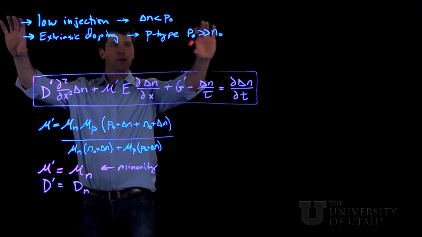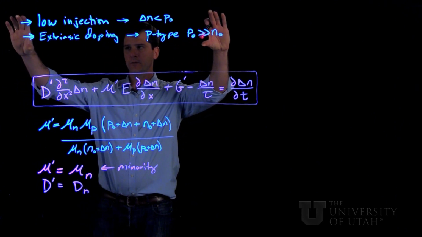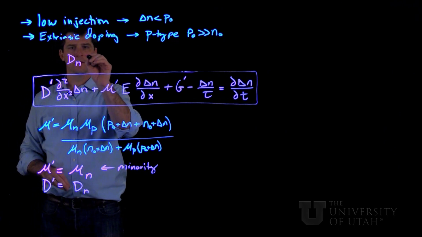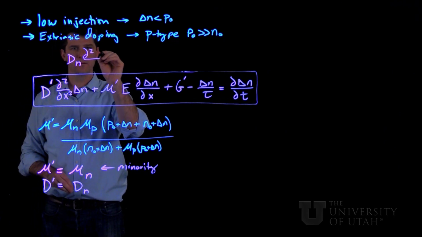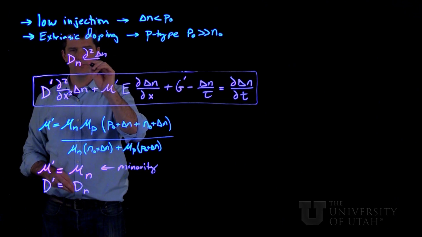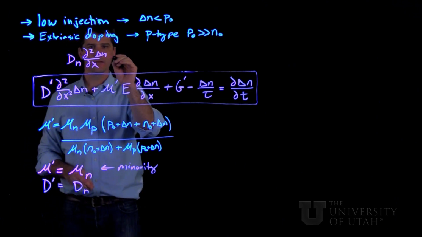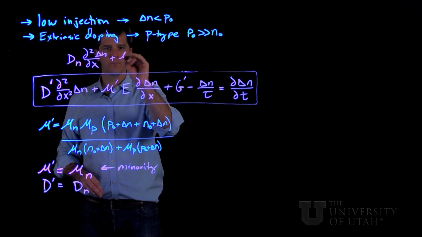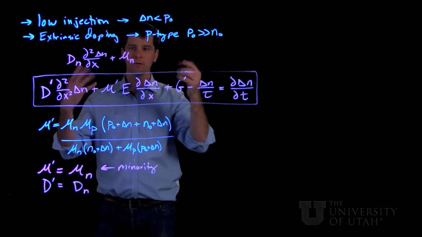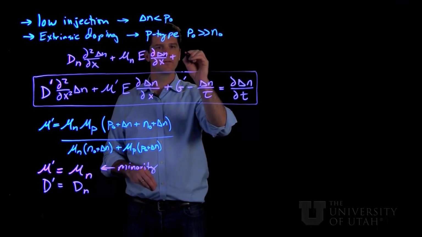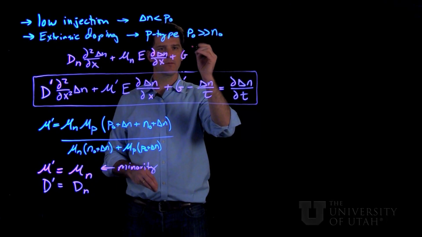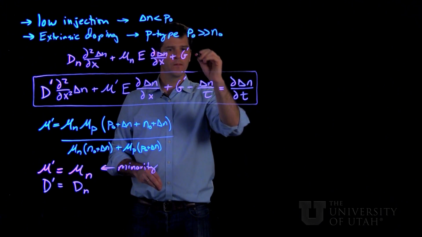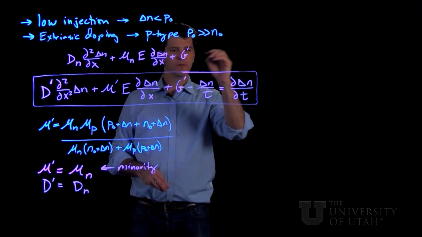So under these conditions, we can have a much simpler equation, which looks just like the equation that we've written for the majority carriers previously when we were talking about the transport for a doped semiconductor.